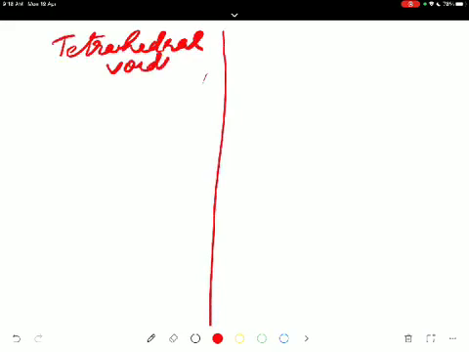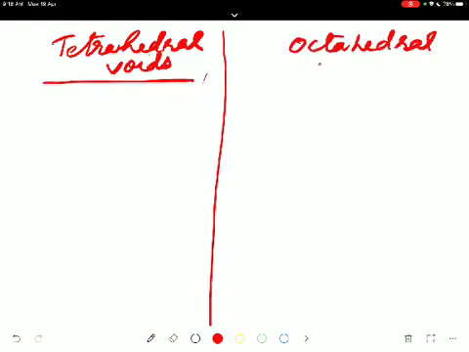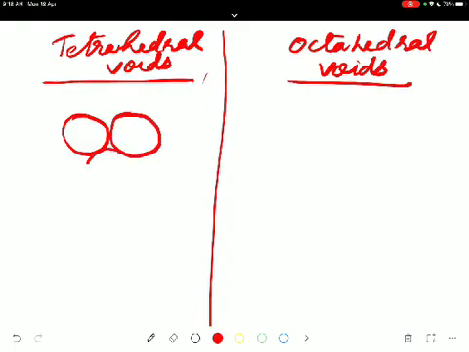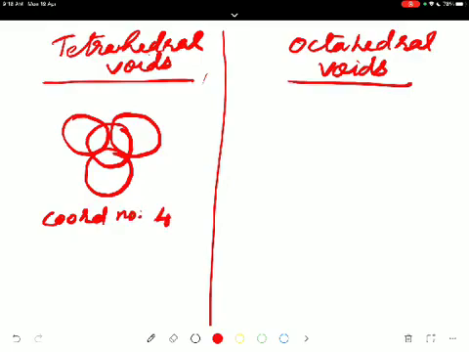Tetrahedral voids and octahedral voids. Tetrahedral voids are obtained by four spheres. So the void's coordination number is 4.